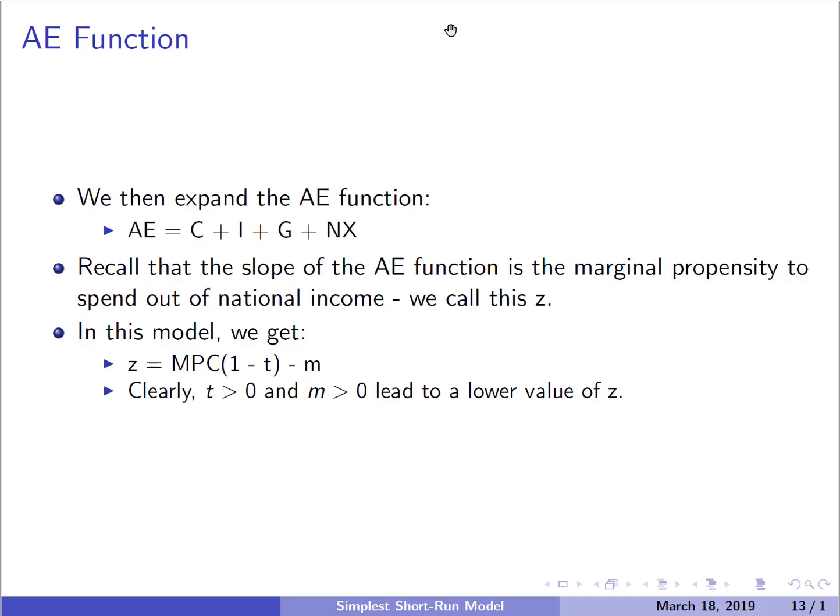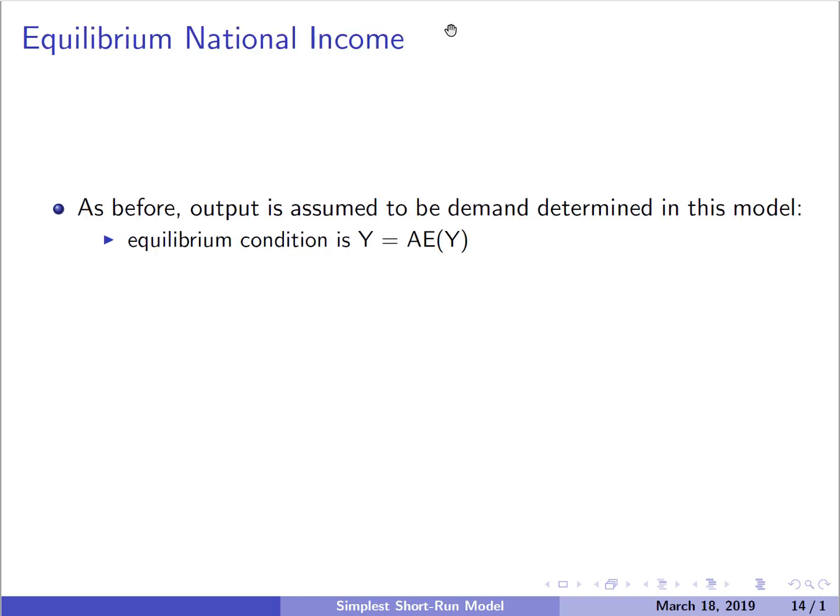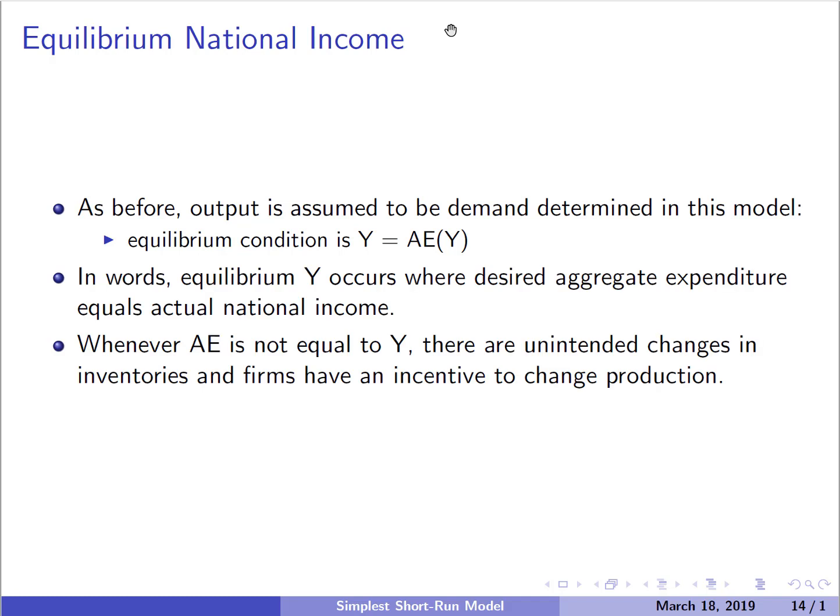So let's start to think about equilibrium. Our equilibrium condition is the same as before. In equilibrium, actual Y, or actual national income, equals this desired level of aggregate expenditure. So Y equals AE is our equilibrium condition, just like before. And remember, it's the same reasoning behind this being the equilibrium.